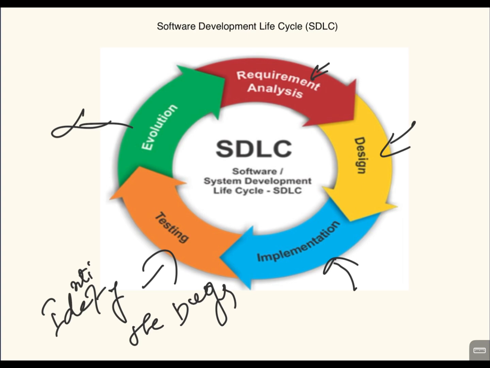Now, how SDLC fits with other frameworks. CMMI, Capability Maturity Model Integration, helps in making SDLC processes more efficient and predictable. So CMMI provides a supporting role, right? It helps make the SDLC process more efficient and predictable.